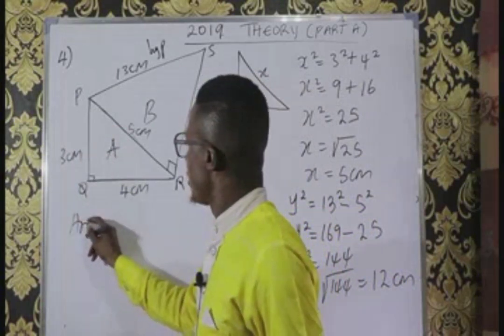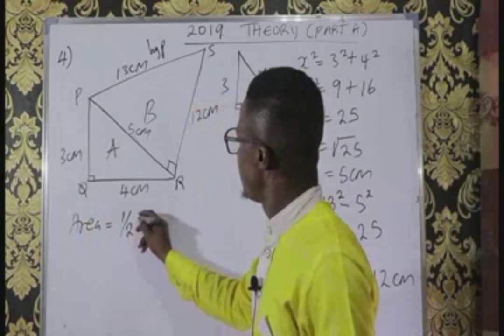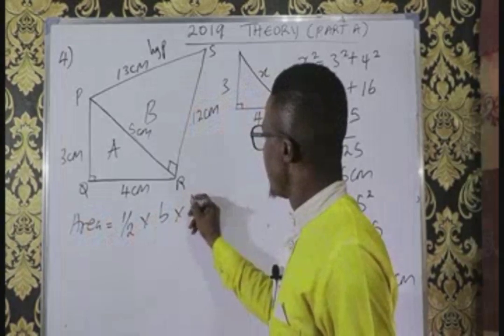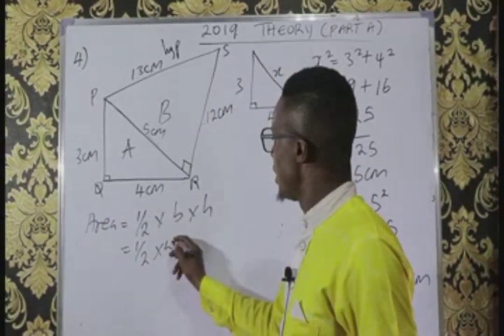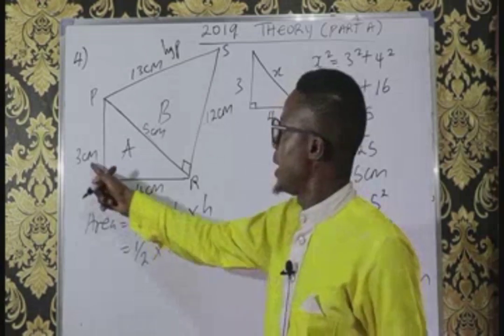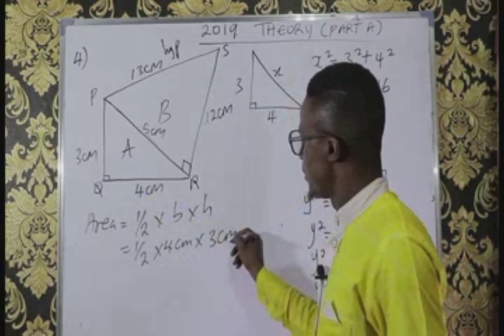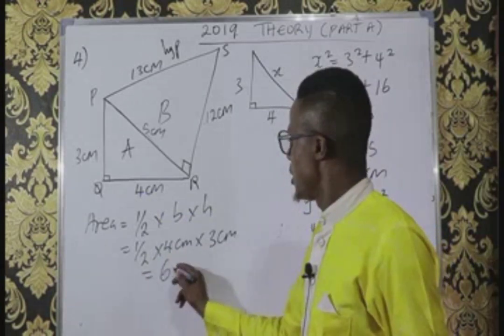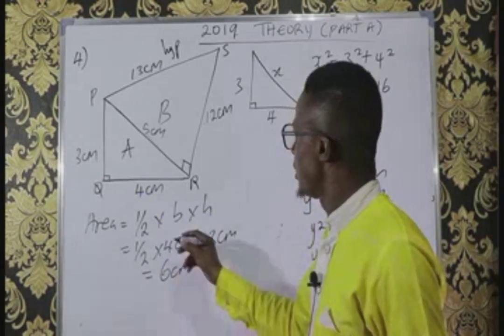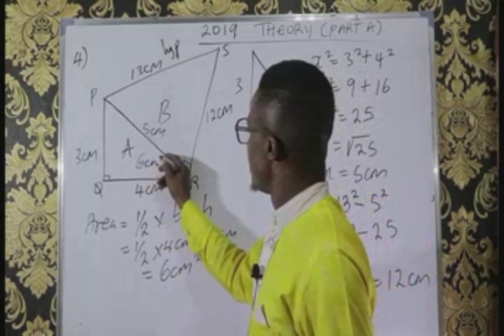The area of a triangle is half times base times height, which is half times the base, 4 cm, times the height, which is 3 cm. Half of 4 is 2 and 2 times 3 is 6. So the area of this one is 6 cm squared.